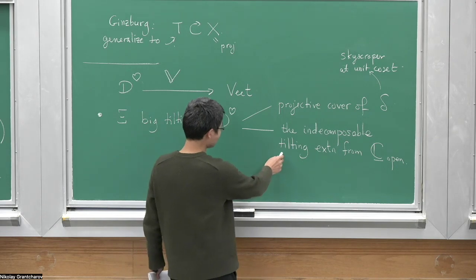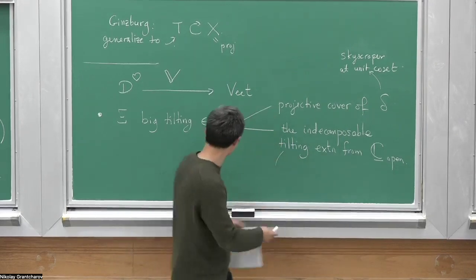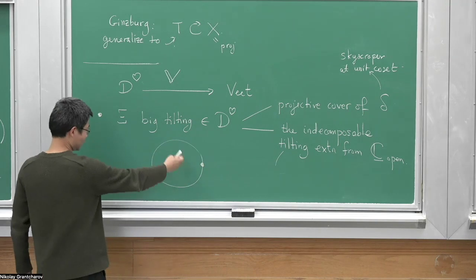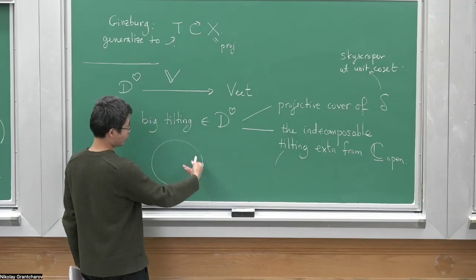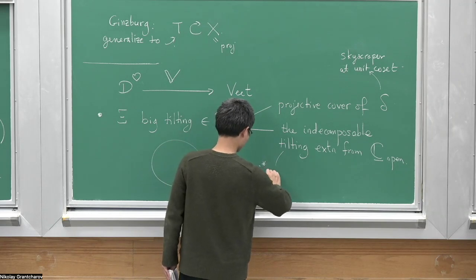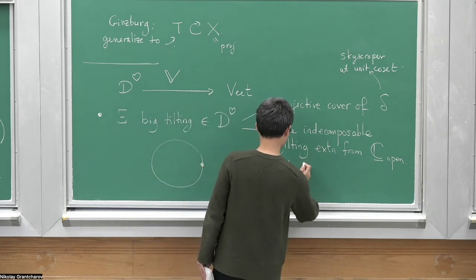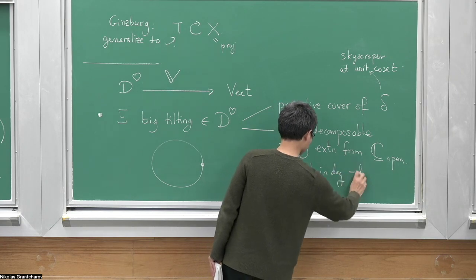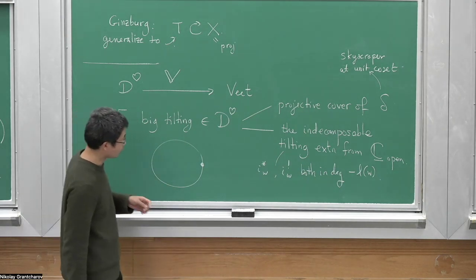So tilting extension means you extend from this constant sheaf to a perverse sheaf, let's say on the whole flag variety. And you have to make sure that when you restrict and co-restrict to each stratum, you always get perverse sheaves, both in degree minus the length, the perverse degree for that Schubert cell.